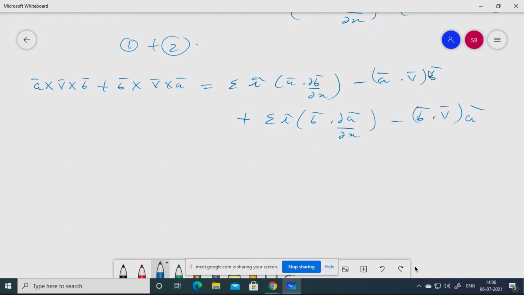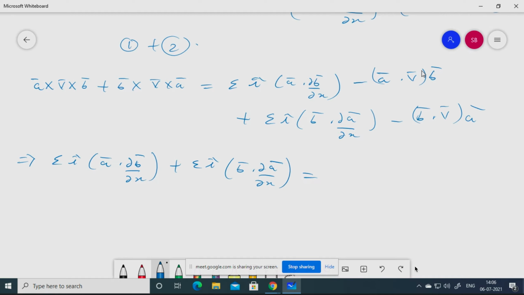That's it. Okay. Now let us write everything on one side. These two summation signs I put once. So that will be summation i A bar dot ∂B bar by ∂x plus summation i B bar dot ∂A bar by ∂x.